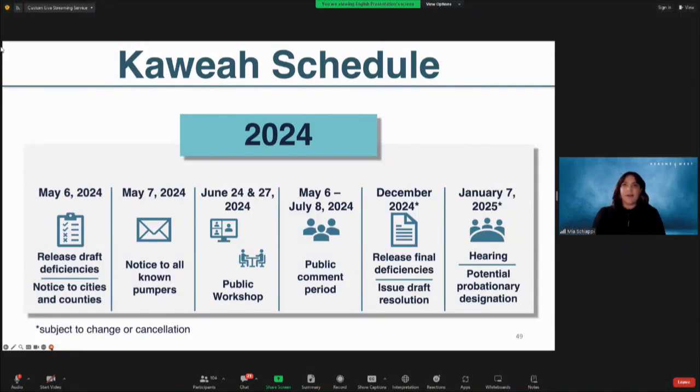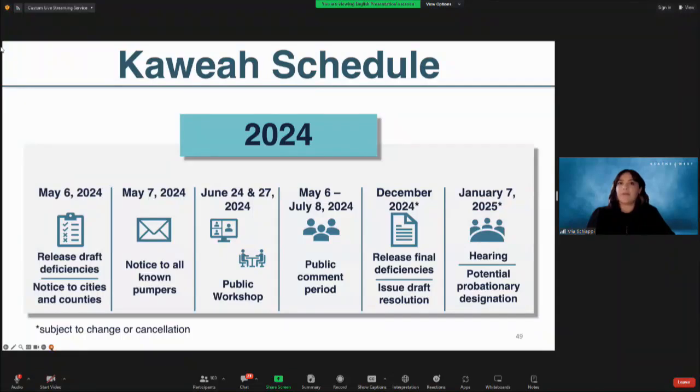Let's see here. I would like to share the Kaweah schedule again. We are here at the public workshop. And we have another public workshop in Visalia on June 27th, and we welcome you all to join us there.